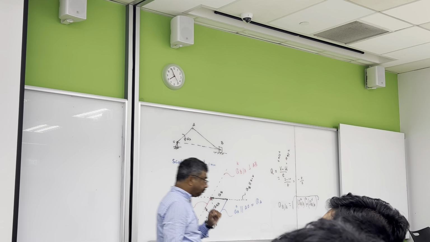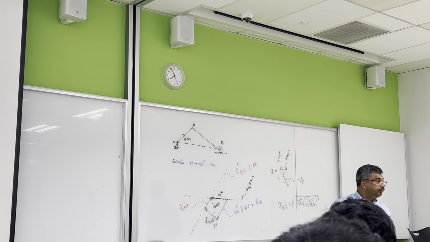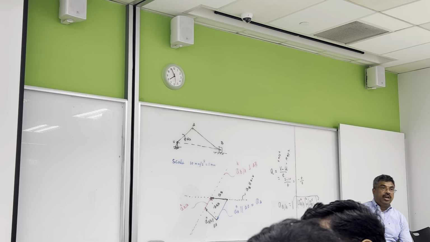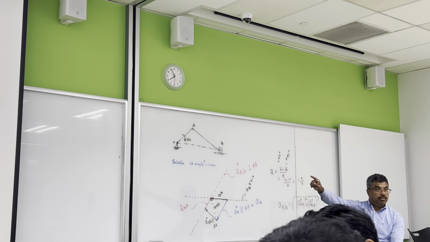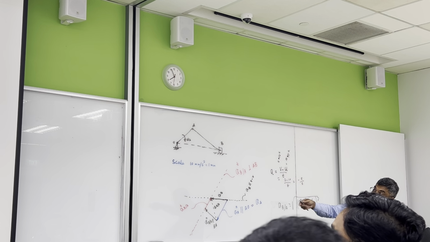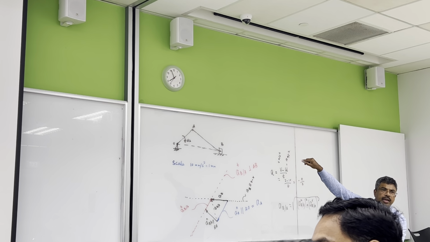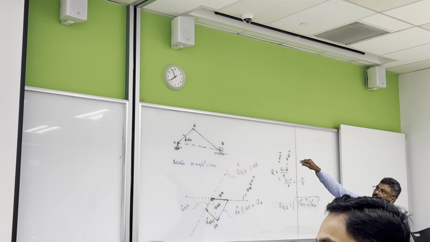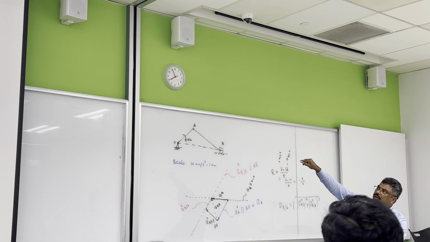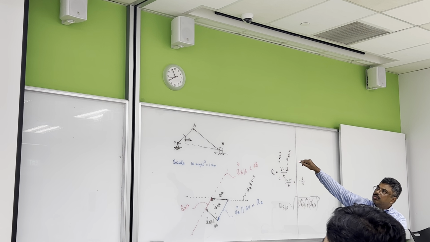Okay, now, this one, look at it very carefully. I will not explain everything in detail. First I explain the mechanism. It is also a 4-bar linkage mechanism. Our OA, AB, and BC form our closed loop.